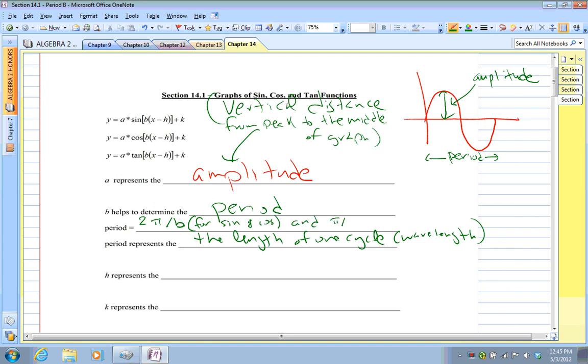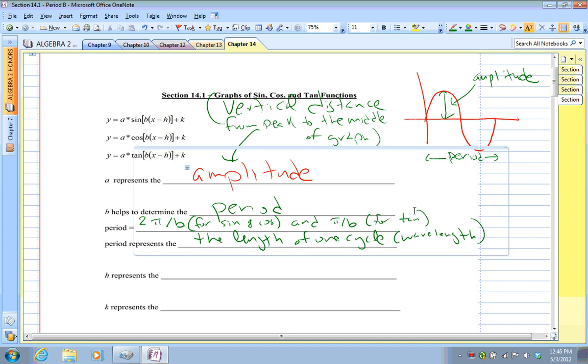And pi over B is used for tangent functions. You'll see why those formulas are the way they are when we start doing the examples.